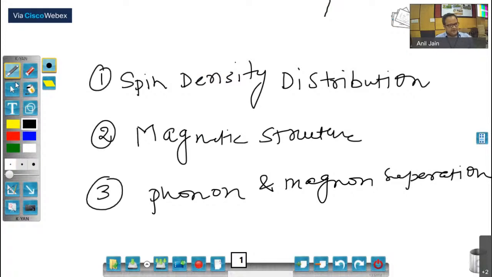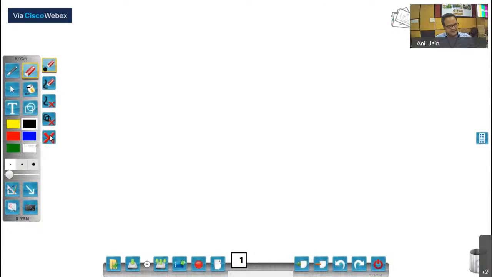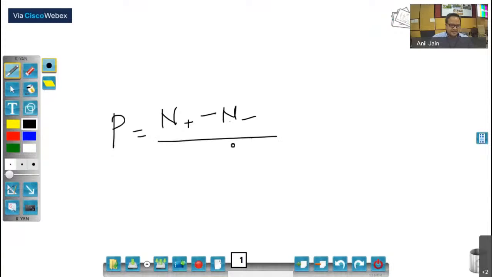I introduced in the last lecture how we define the polarization of the beam: we define the polarization of the beam as P equal to n plus minus n minus, and this is how we define the polarization of the neutron beam.